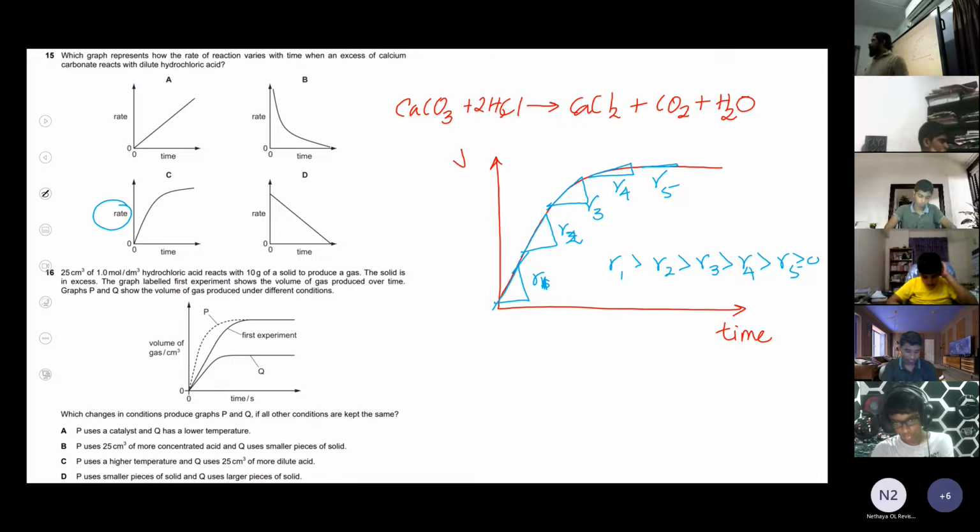It can't decrease linearly. Therefore, that is the possible answer, but anyway, we'll check whether we have more reasons. How does the rate of reaction vary with time when excess calcium carbonate reacts with dilute hydrochloric acid? Possibly it has to go to 0, but it's a small problem. It hasn't gone to 0. But let's assume this is more suitable than just going straight down, right?